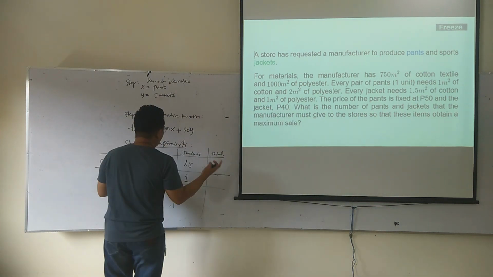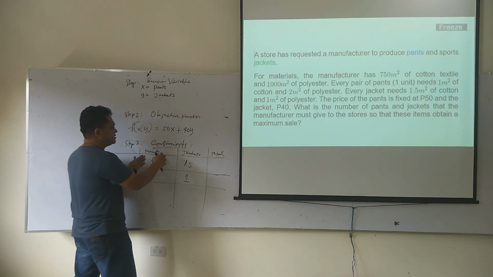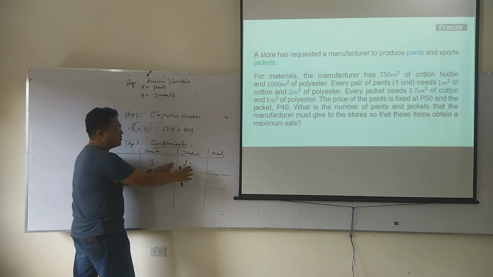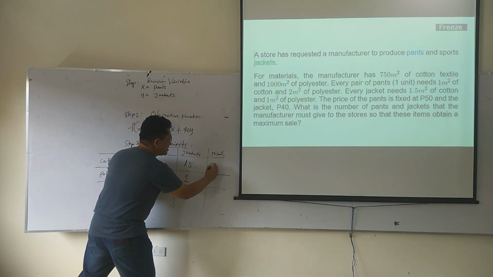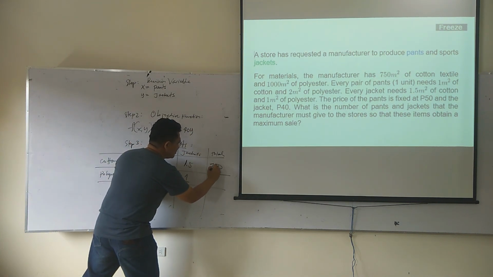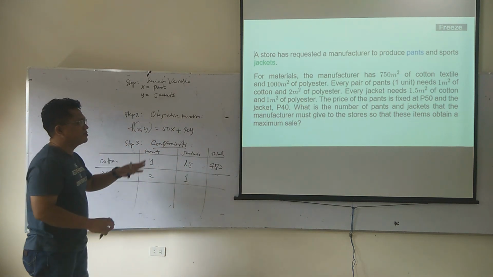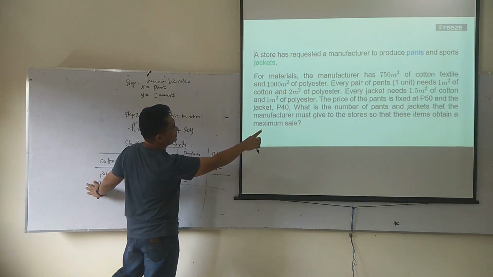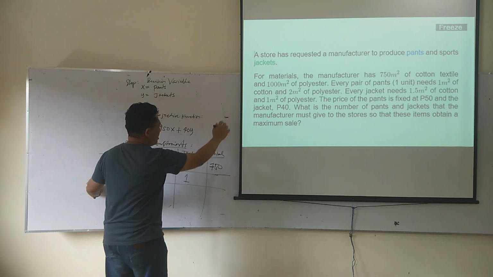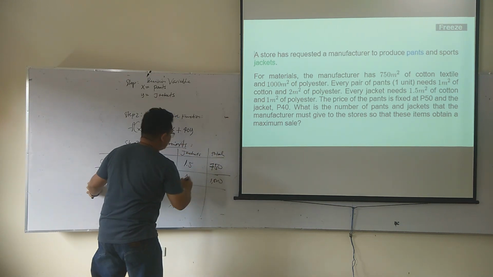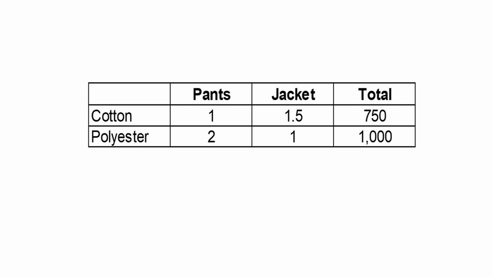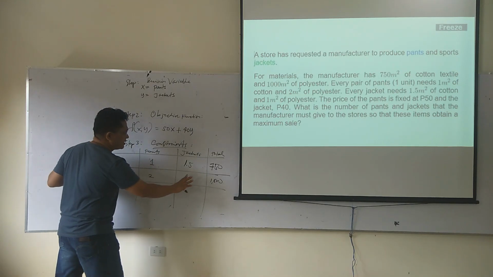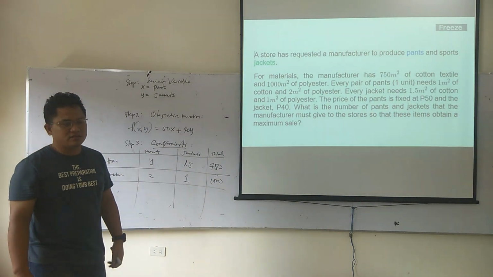So that means we are looking for how many pants and jackets using 1 and 1.5 meters, and the maximum amount that can be used is 750, while polyester is only 1,000. So these are our constraints: 750 for cotton, polyester 1,000.